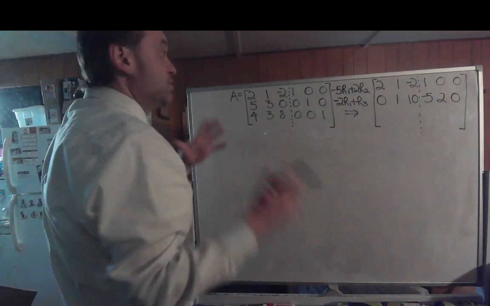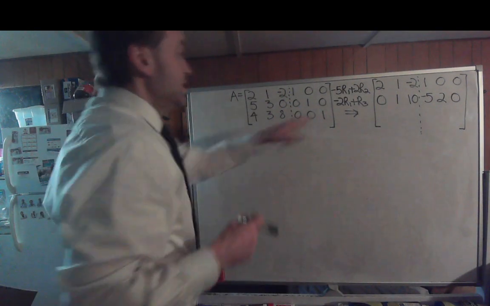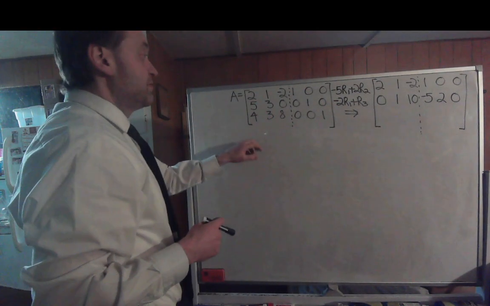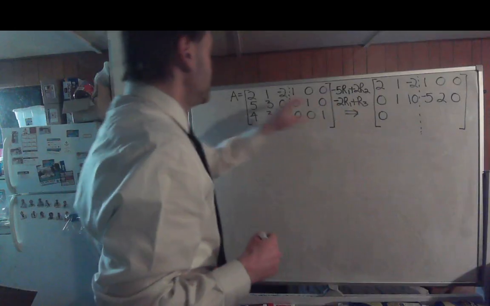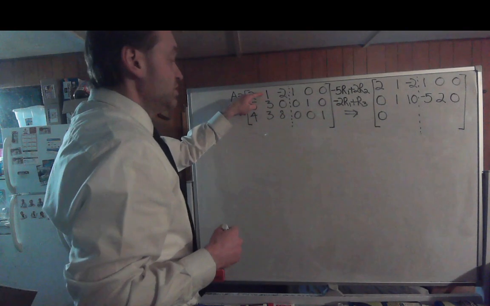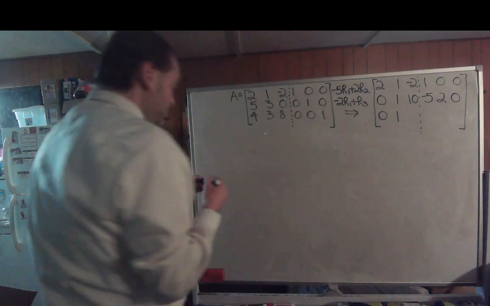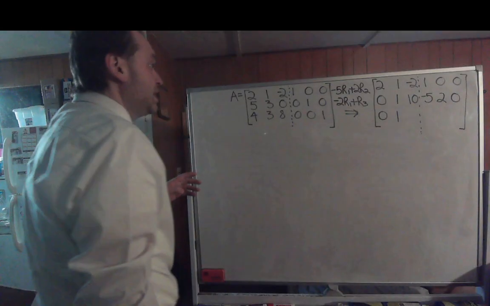Now let's deal with rows 1 and 3. Negative 2 times 2 is negative 4, plus 4 is also 0. And then we have negative 2 times 1 is negative 2 plus 3 is 1. That's very nice, actually. You'll see why in a minute.